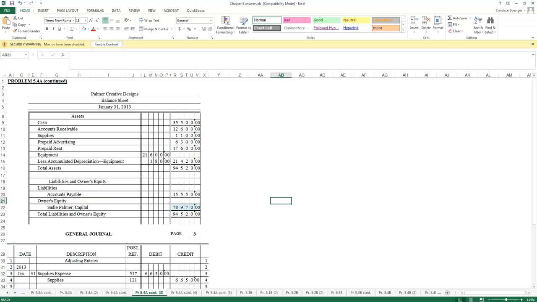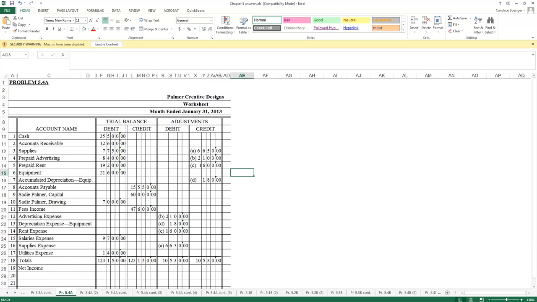Now, the last step in this process, we have to journalize the adjusting entries. So back over here, we had made adjustments right here in this column. We need to go and put them in general journal form. So, for instance, adjustment A has a debit to supplies expense and a credit to supplies.